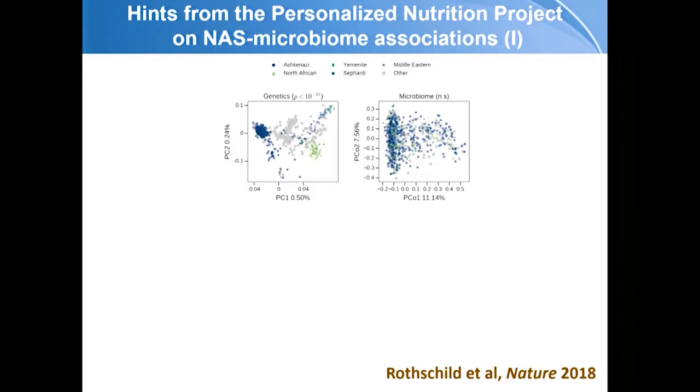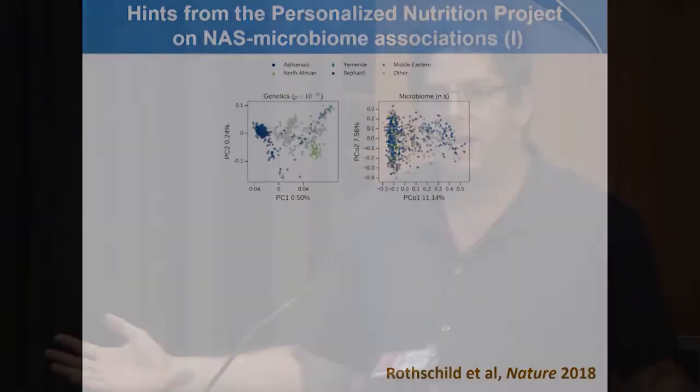In other words, we sequenced the genome of the entire cohort, so now we have a direct comparison of the human genome and of the microbiome in the largest cohort so far. What we found was that the contribution of the human genome to the variability and composition of the microbiome was very small. It was minimal. We estimated that 2% of the variability in the human gut microbiome is explained directly by the human genome.